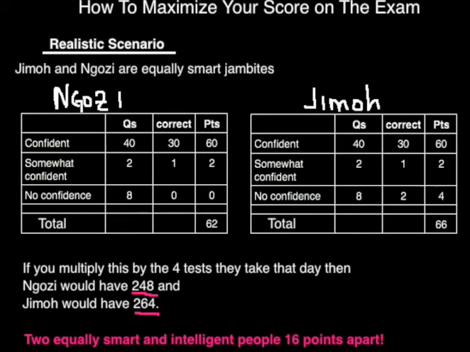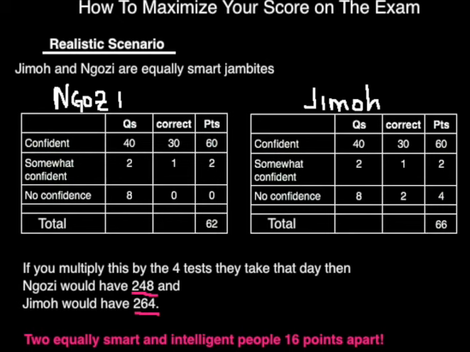Then, in the case of Ngozi, there were some questions that she was somewhat confident about, and so she was able to get 1 out of 2 of those questions. But then there were 8 questions which she was totally unable to solve and did not know what the answer was. Ngozi chose to leave the answers blank.